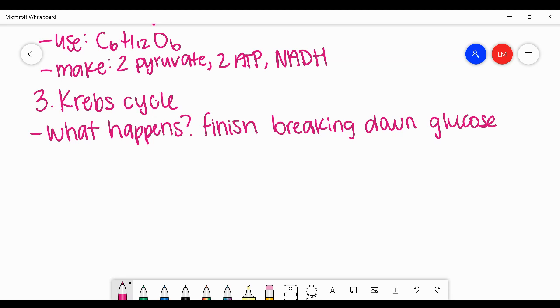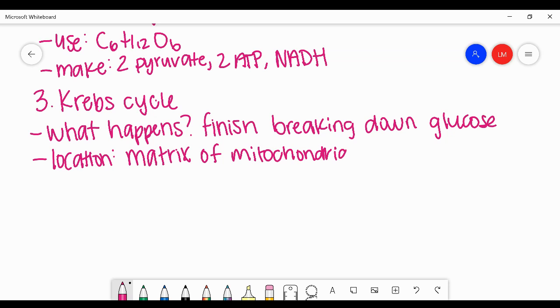So we started the breakdown during glycolysis. We're going to finish it during the Krebs cycle. The location of this process is in the matrix of the mitochondria. So our pyruvates from the cytoplasm have made their way to a mitochondria at this point.